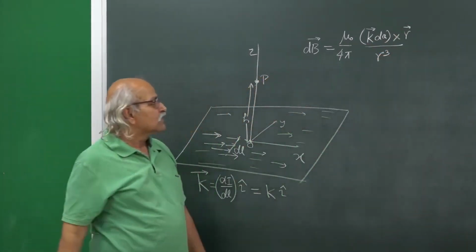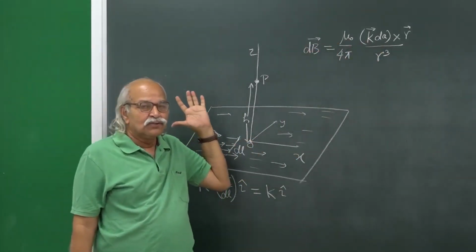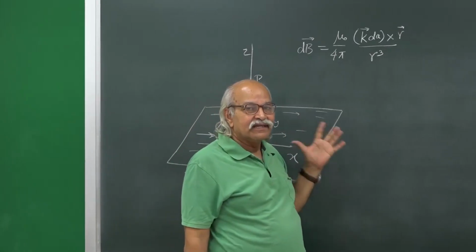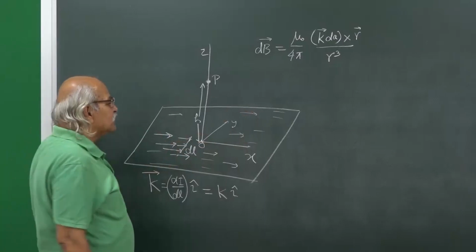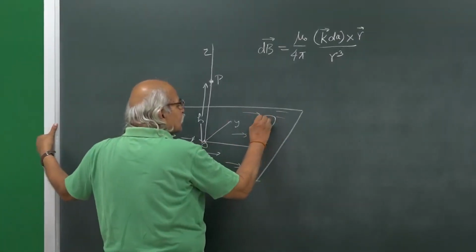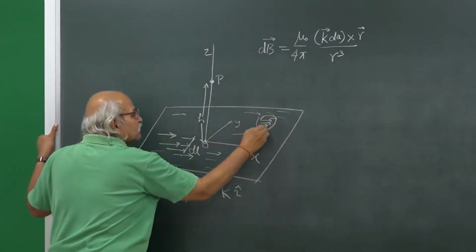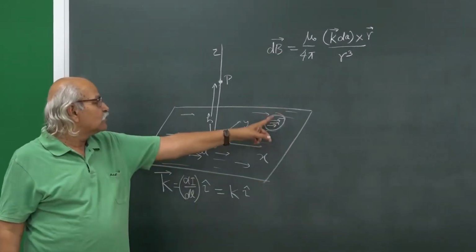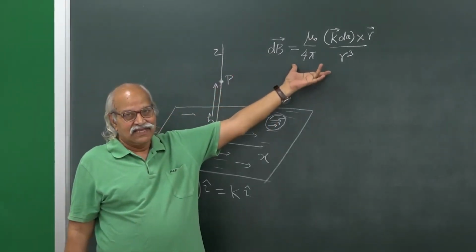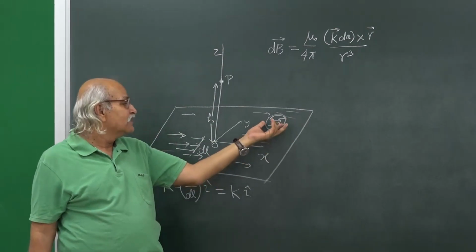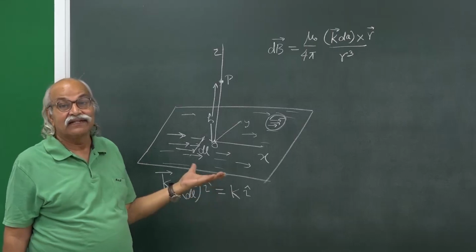Same interpretation: we need the magnetic field due to the entire current in the xy plane, and therefore we have to take some element, some area somewhere, and because of this much current in this area, we will calculate the magnetic field here, and this formula is for that. And then you have to integrate properly so that this area covers the entire xy plane where the current exists.